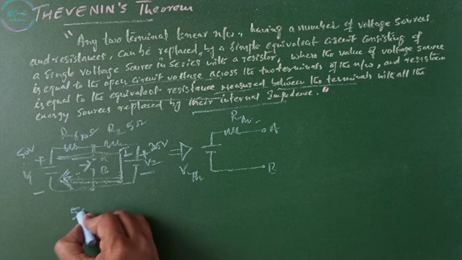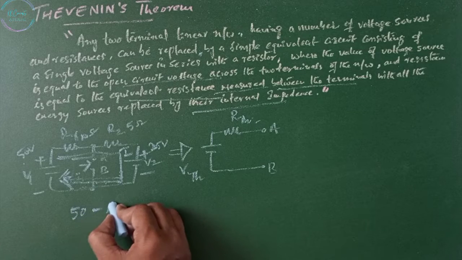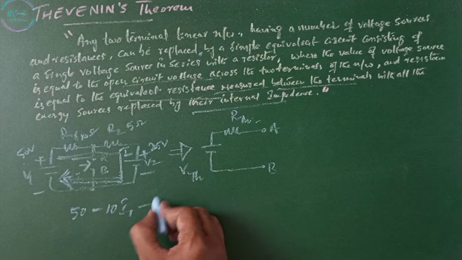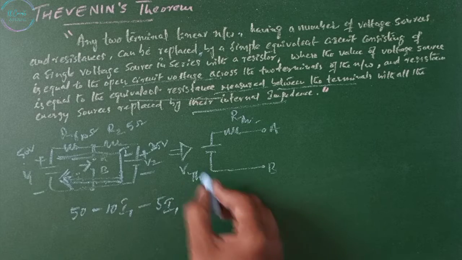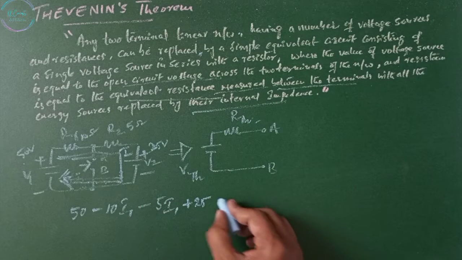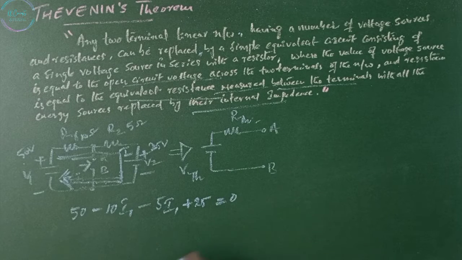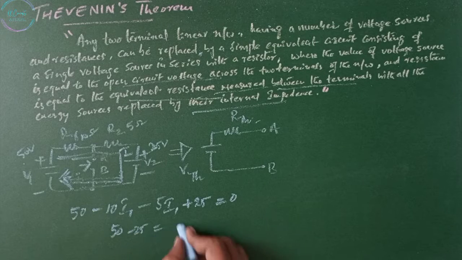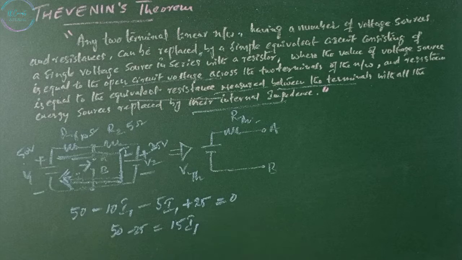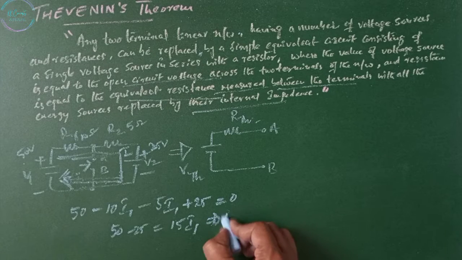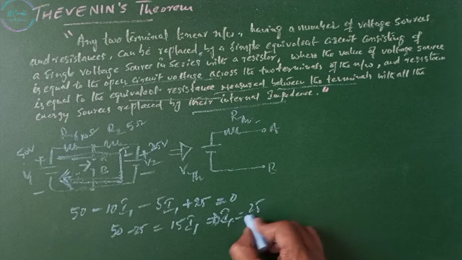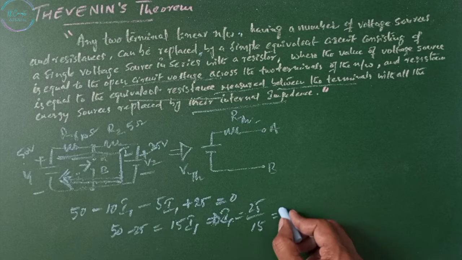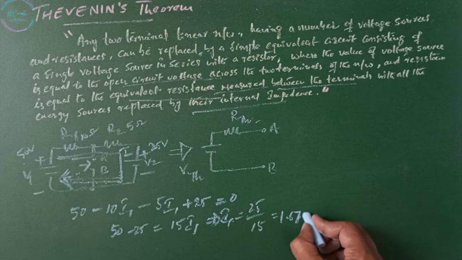It is 50 volts minus 10 I1 minus 5 I1 plus 25 equals 0, or else 50 minus 25 equals 15 I1, from which I1 equals 25 by 15, that equals 1.67 amps.